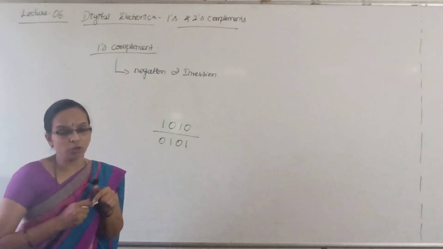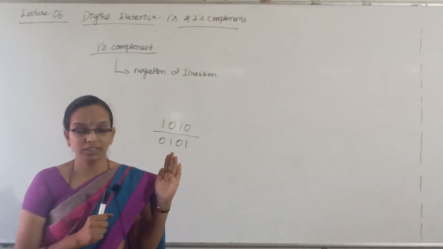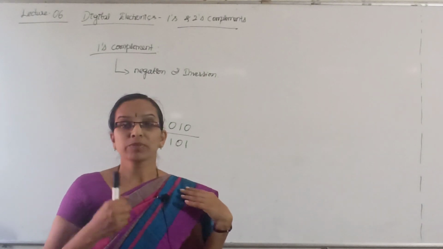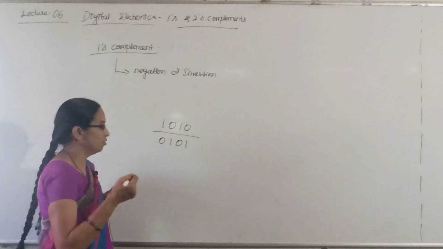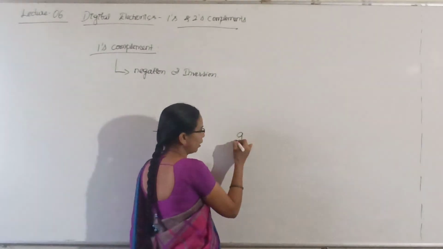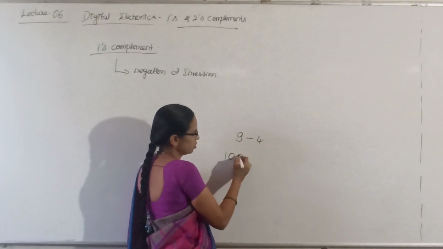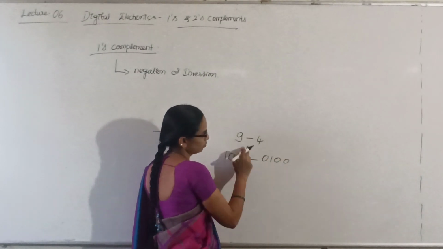Why is this 1's complement used for representing sign magnitude of a number? Because you can convert a subtraction to an addition. For example, if you want to do 9 minus 4, what is 9? 1001. Minus 4 is 0100.